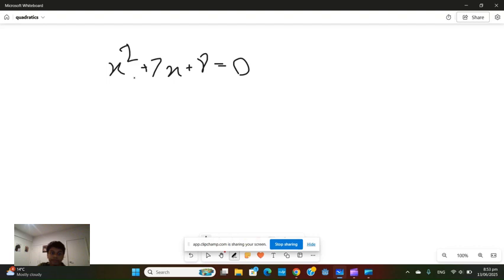So what are we going to do? We're going to use a formula. This is the second method. You can use it for any equation, but with those equations that are factorizable, it's much easier to just factorize it.